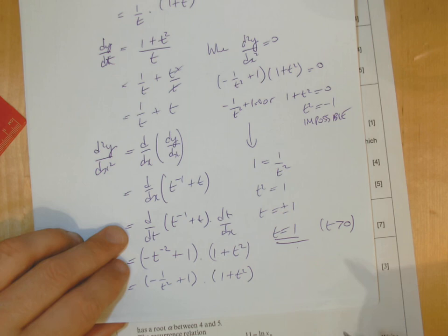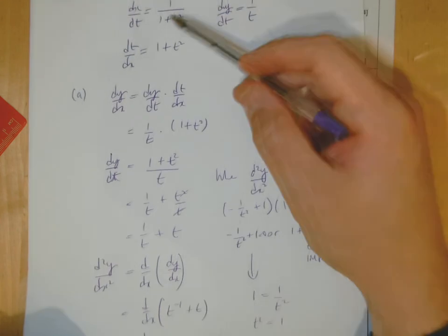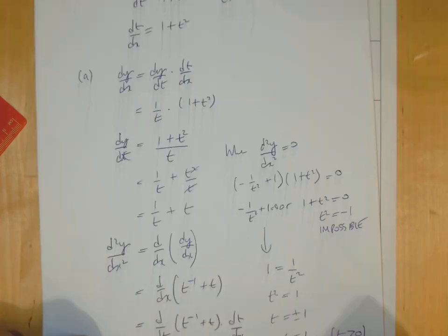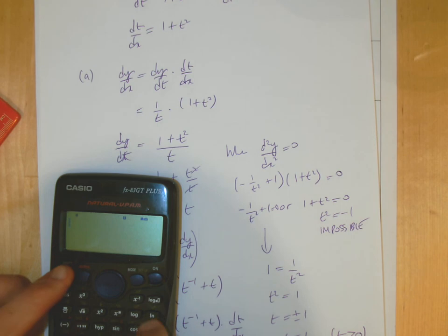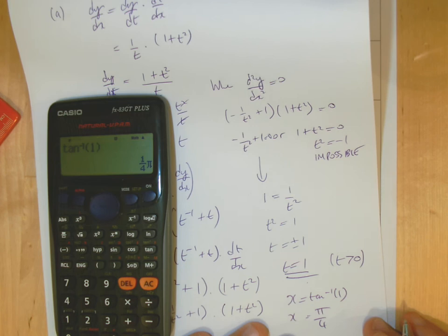And when t is 1, you sub it into our x to work out the x value that they want. So x equals tan to the minus 1 of 1. You put that in your calculator in radian mode, and the answer comes out as pi over 4. And that's it, we're done.